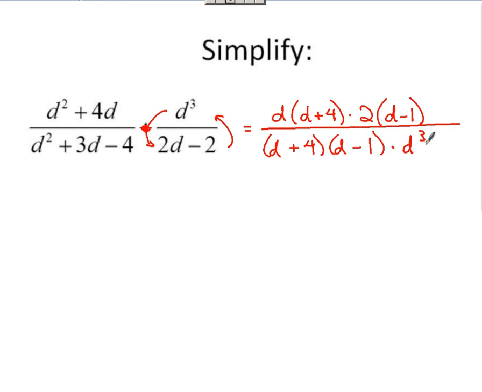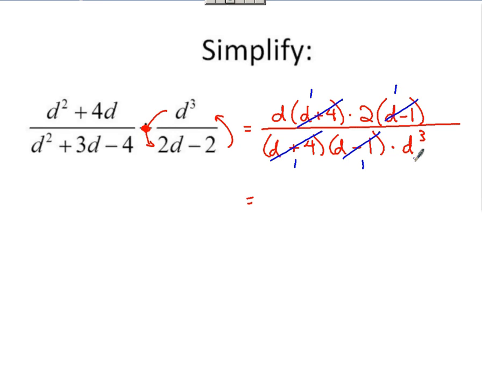All right, comparing top to bottom now, looking for some quantities that are shared. Got some d plus 4 factors. They divide out. Got some d minus 1 factors. They divide out. We've got this d right here, and we've got this d to the third.